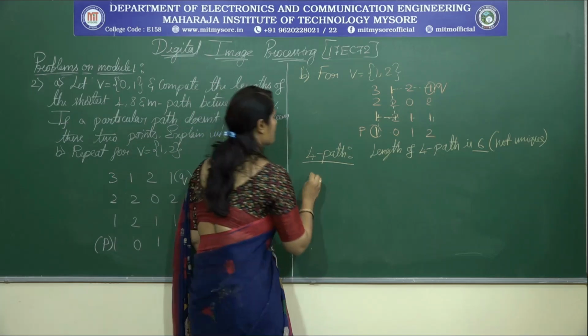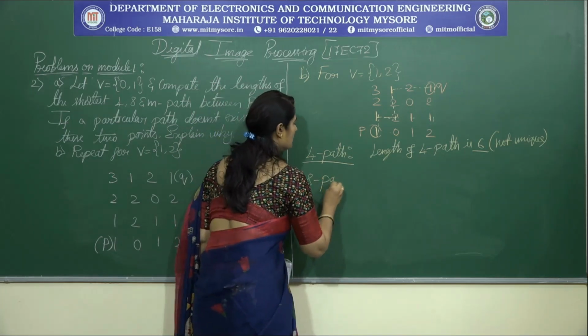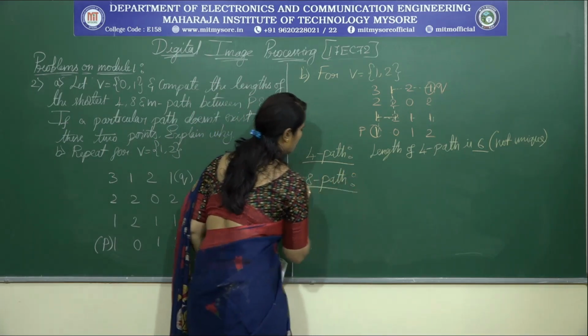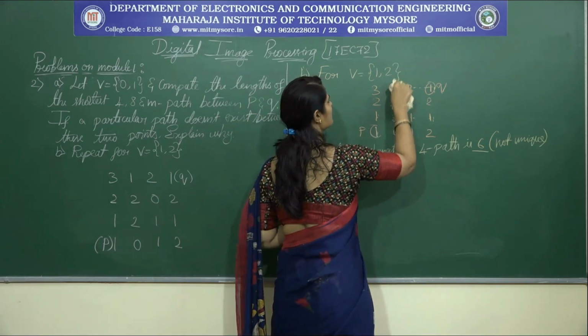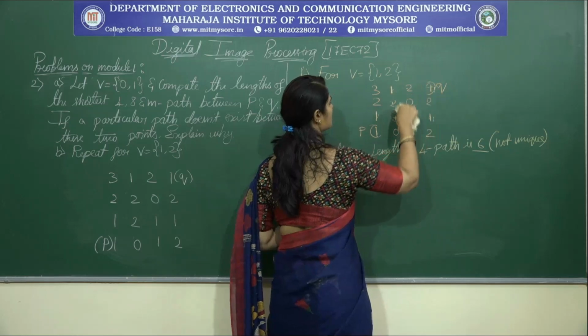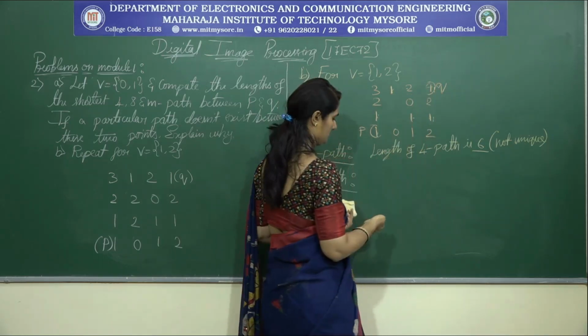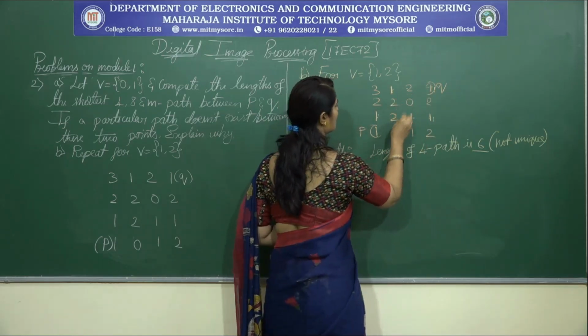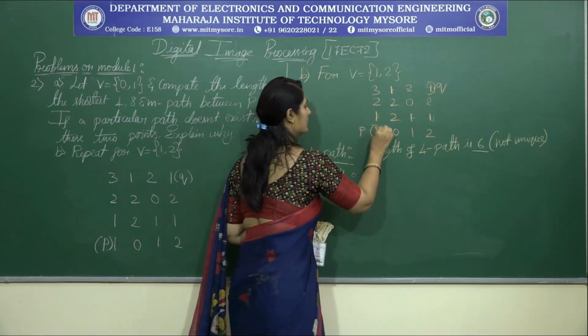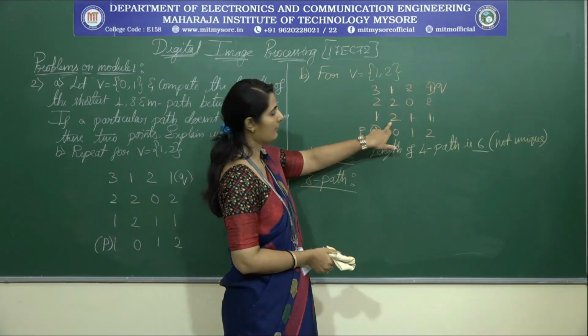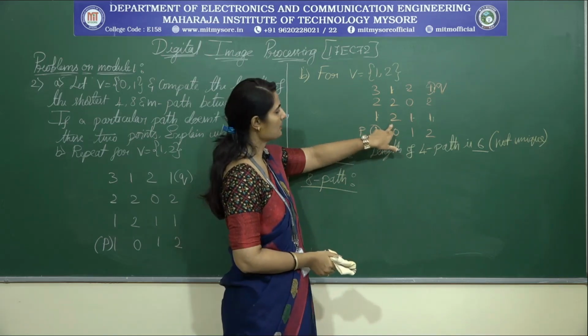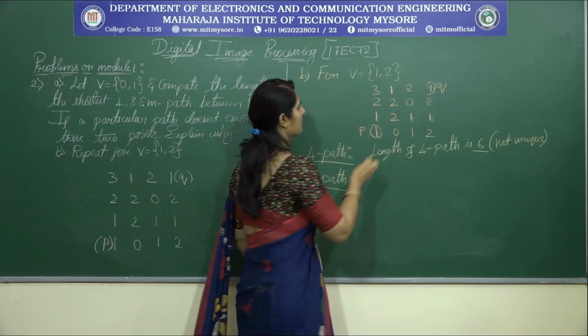Okay, next I should check for 8 path between P and Q. So now here from 1 I can have a path to this point, 1 to 2 here, right.